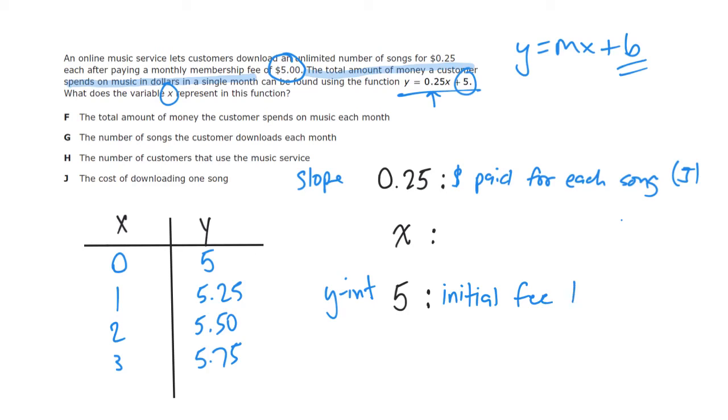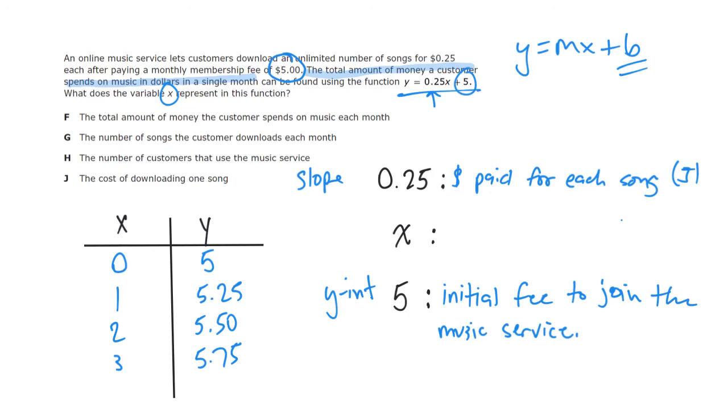This is the initial fee that it's going to cost to join the music service. And so you can think of that context for really any situation. No matter what the real-world context is, the y-intercept is always the initial amount or the initial value or the initial fee or whatever word fits the context that you are looking for.